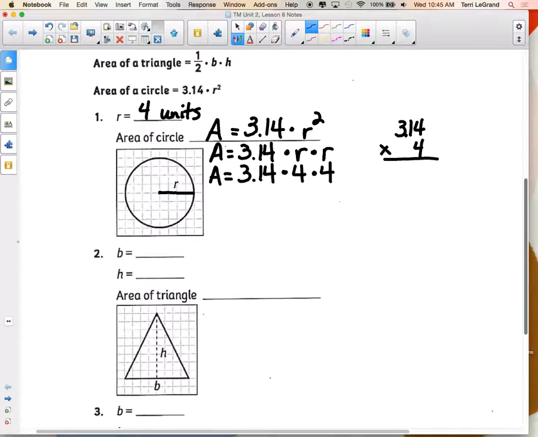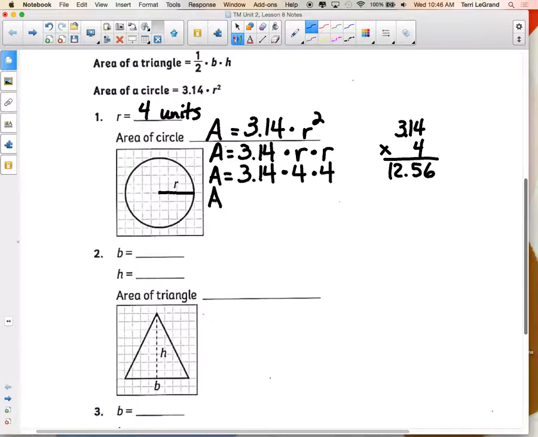Okay, get that one multiplied out. What is 3.14 times the first 4? Tell me what you get. Got it, Kira? What is it? 12.56. Okay, everyone should have gotten 12.56.